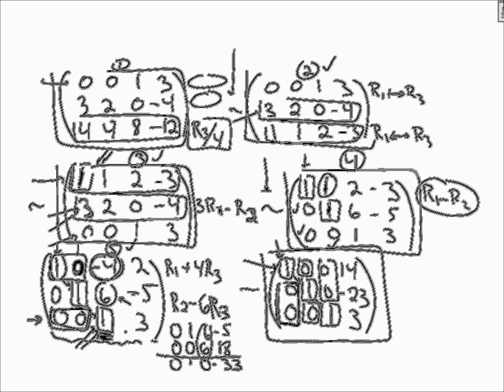In column 3, here is my leading 1. What's above are zeros. What about column 4? It did not have a leading entry. So don't worry about above and below. This matrix is now in reduced row echelon form.